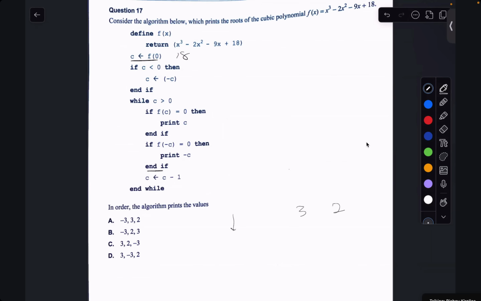And then we'll get the last value of negative 3. So that looks like option C. We'll keep subtracting all the way down. We won't have anything, and it's all positive, so we don't do this.